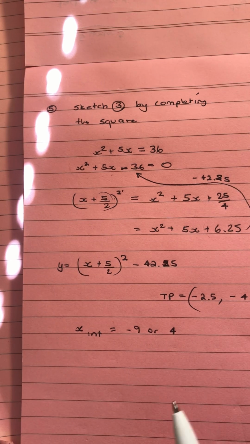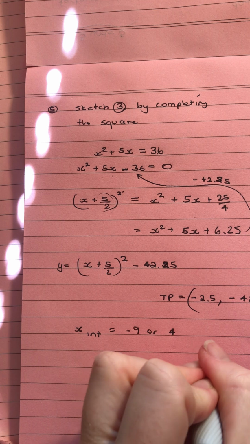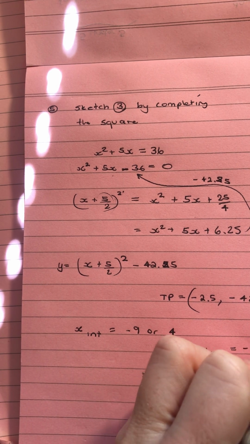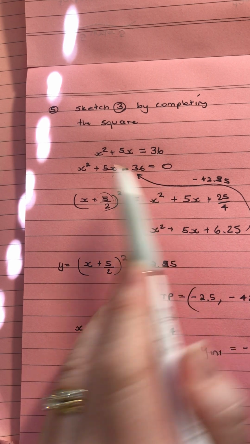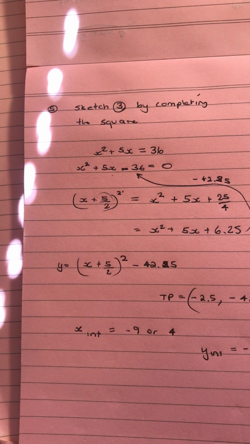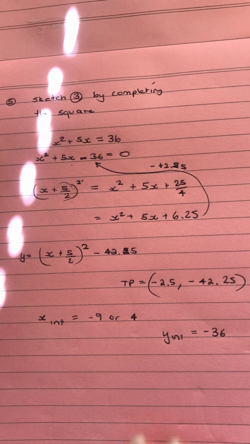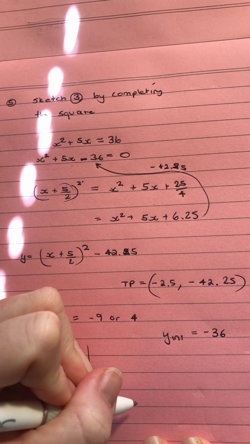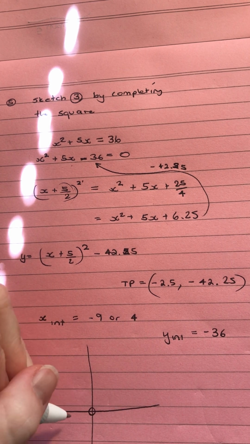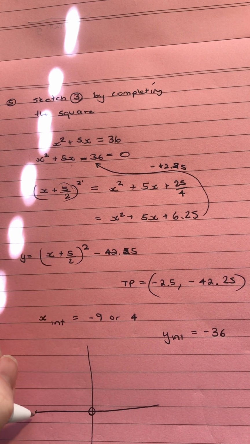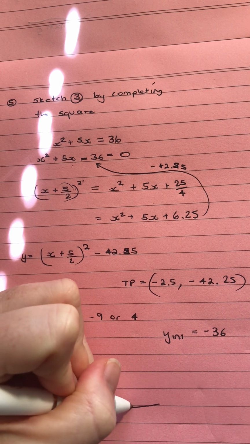Now our y-intercept, we can again go back to that original and we know that it's going to be negative 36 by subbing in 0 up here. 0 squared plus 0, take away 36. So that is our y-intercept, is negative 36. And so we can now sketch that information. So we have got our negative 2.5, we want negative 9 and 4.